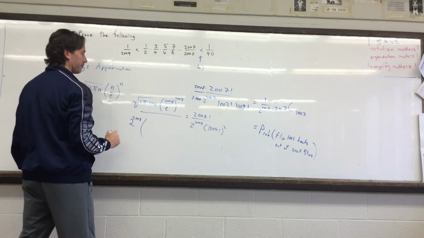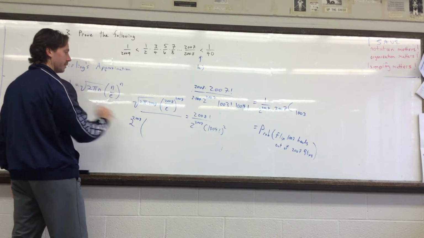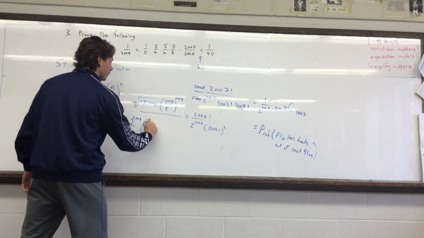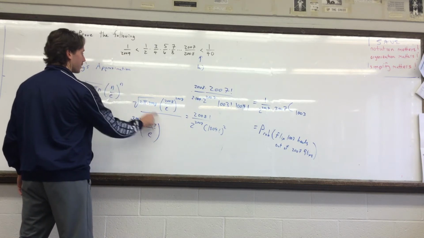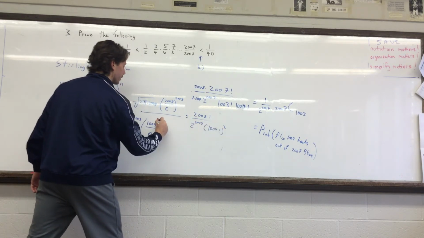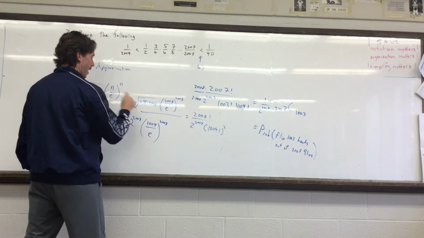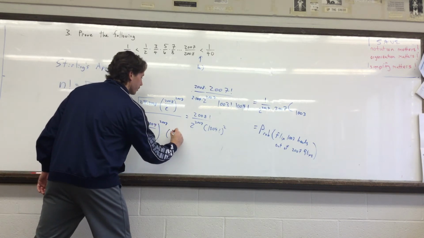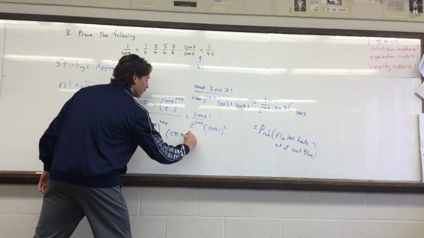And now I've got Stirling's approximation here. I'll write down the n over e term first. So I'm going to have 1004 over e to the 1004 power, but it's squared, so to the 2008 power. And then I've got this square root term squared, so times 2 pi times 1004.